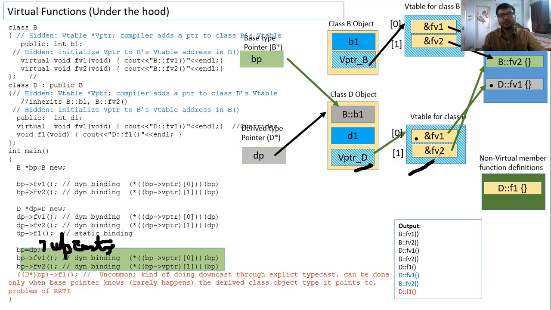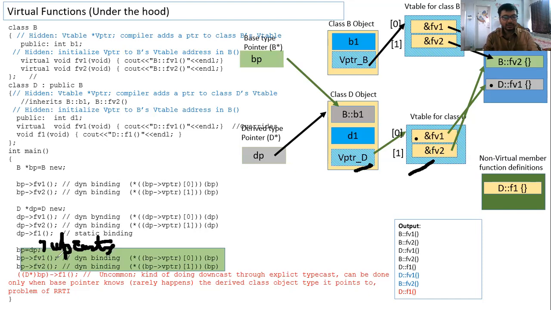So the idea is, whenever you have dynamic binding, the body of the function will depend on the type of the object that the pointer is pointing to, not on the type of the pointer itself.